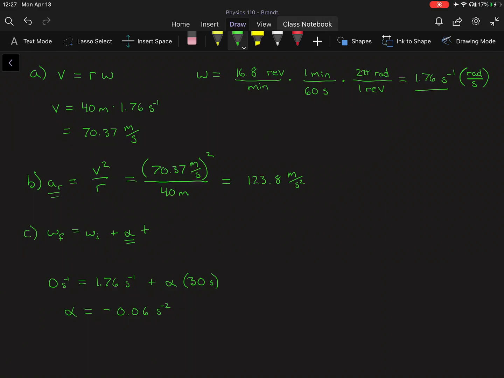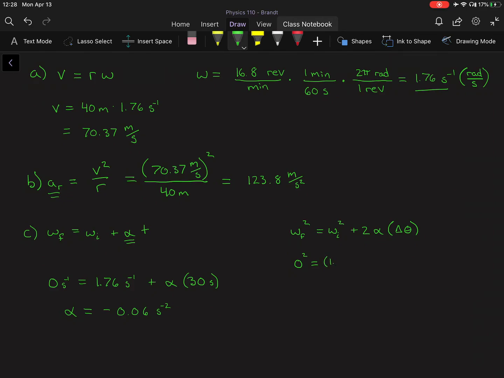Now that we have that acceleration, we can plug that into our other equation. So we have the final squared is equal to our initial squared plus 2 alpha delta theta. And we can plug all these in again once we know that that is 0 for our final, because we're coming to rest.